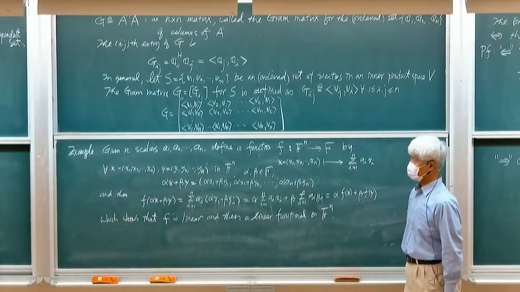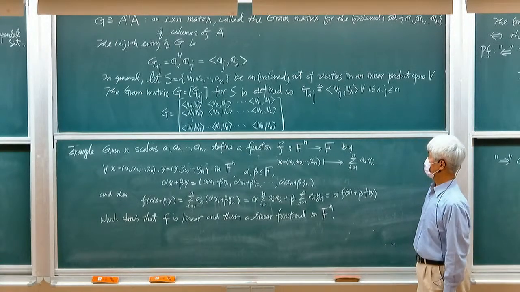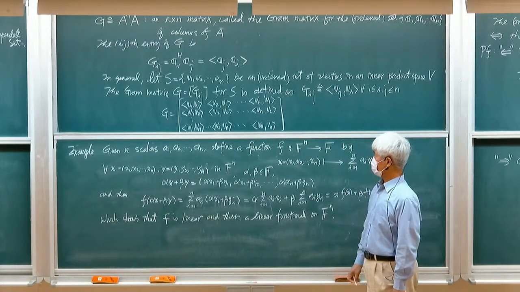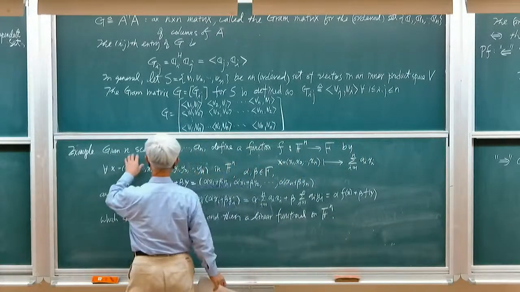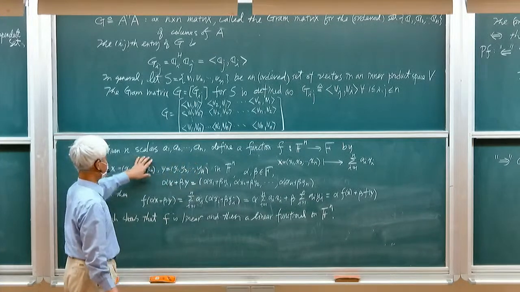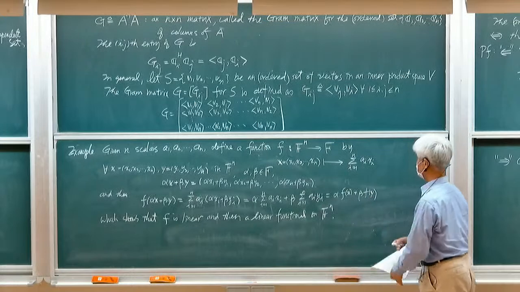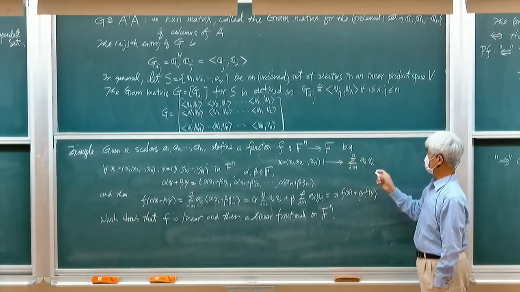So this shows us how to construct linear functionals on Euclidean space. It's easy, right? Because you can choose arbitrary n scalars, not necessarily distinct, just n scalars, to form this weighted sum here.